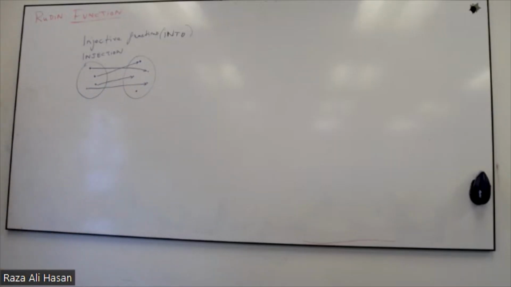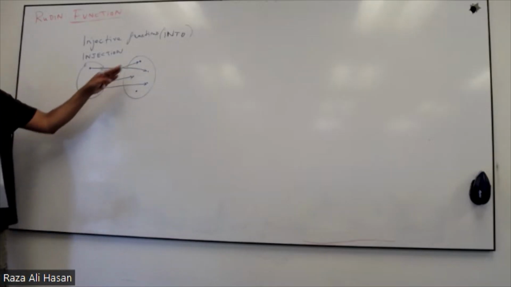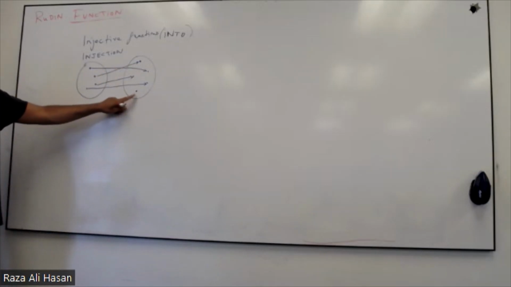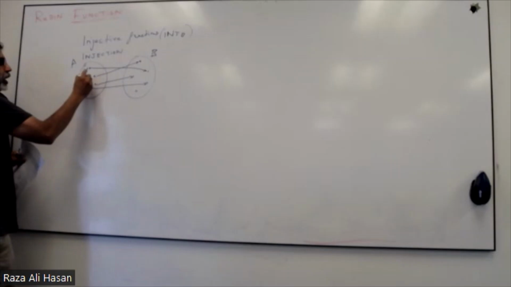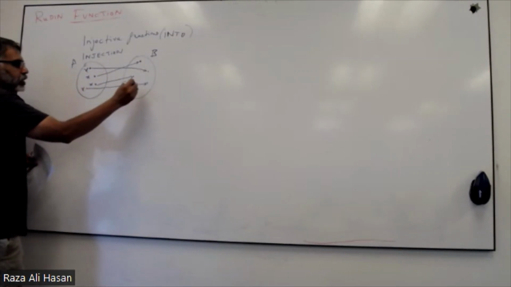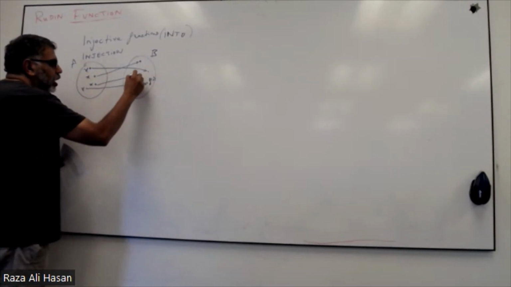So what you have is an injective function. You have injection going on where not every element in the set B, let's just call it B and A. So these would be our x's, right? And these would be our f of x's.